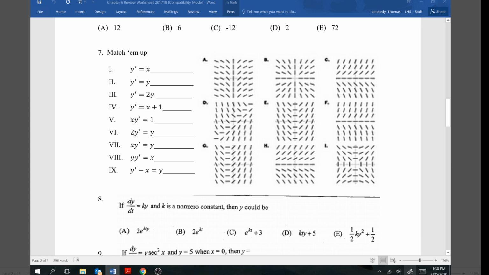If you integrate x, you get x squared over 2, so it's just the parabola. If you integrate x plus 1, you get x squared over 2 plus x, which means this thing shifted left. And so that's, what is that, FG? And so we can get a couple of those for like super free from the get-go.